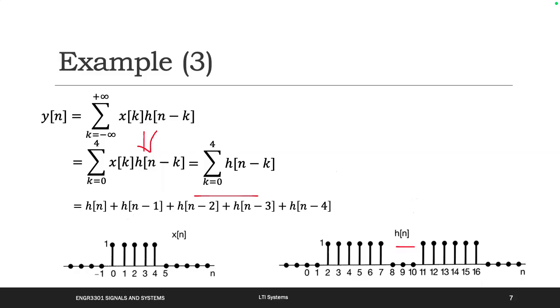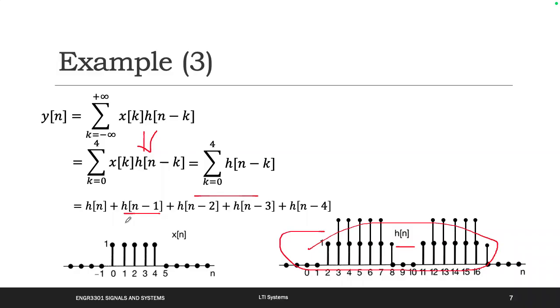What is hn minus 1? hn is this whole figure. What is hn minus 1? Shift to the right 1 unit, am I right? So then you have hn minus 1 like this.